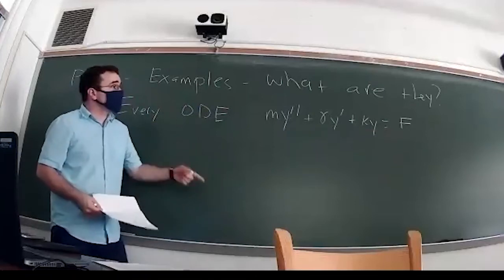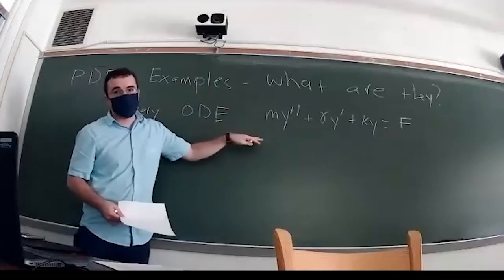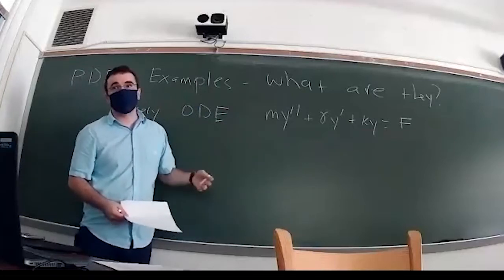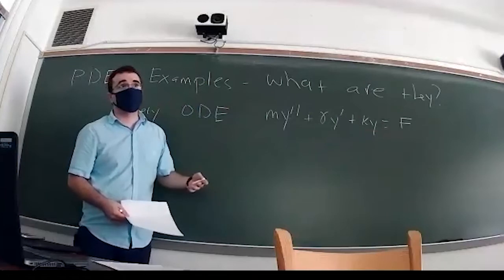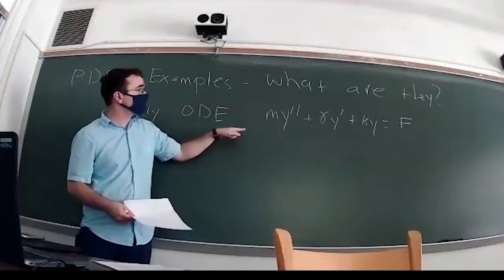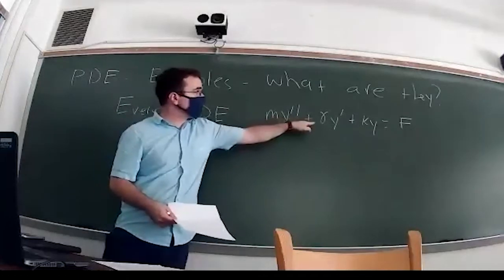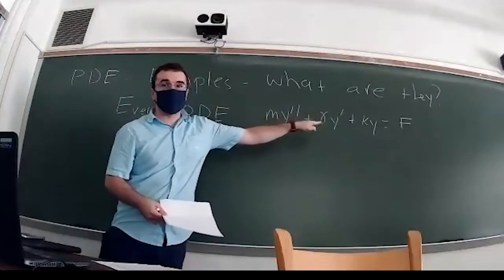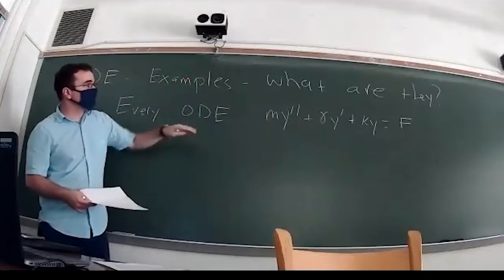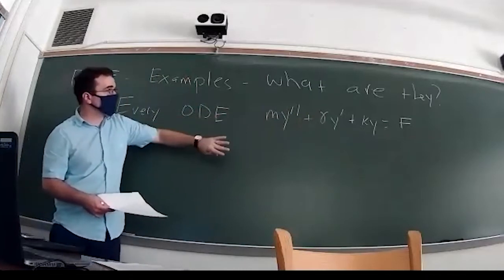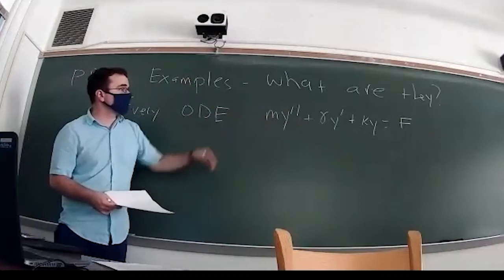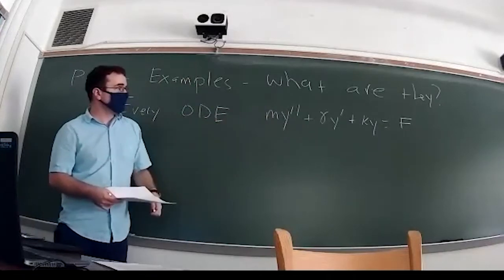And in that class, you learn that the solutions, at least of the homogeneous equation, are completely determined by the algebraic character of the equation, namely the discriminant of the polynomial m y squared plus gamma y plus k, right? And depending on that discriminant, you can completely characterize the solutions, whether it's damped, overdamped, whatever.